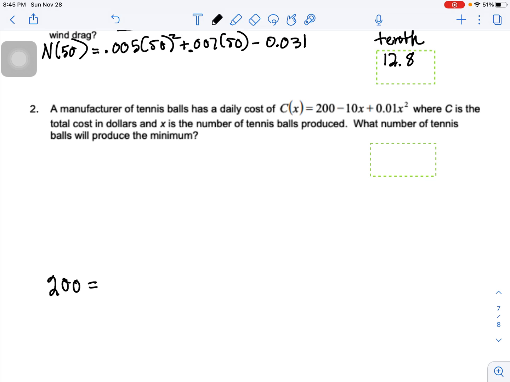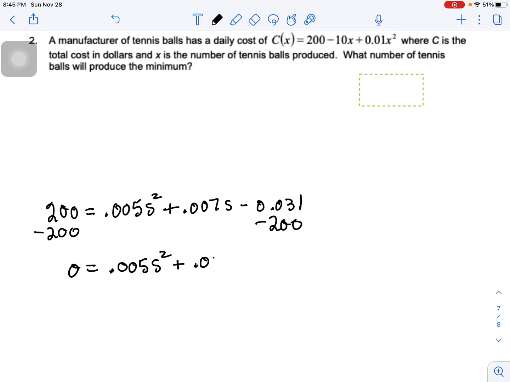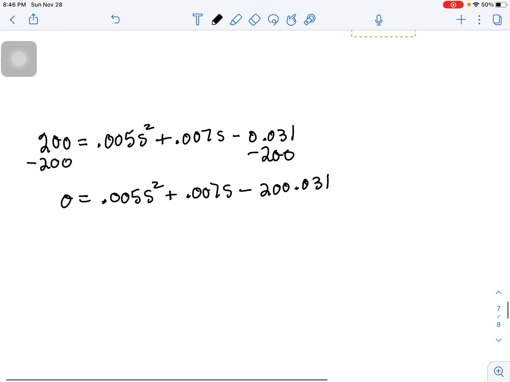So 200 equals 0.005 S squared plus 0.007 S minus 0.031. I'm going to subtract 200 from both sides, and I've got 0 equals 0.005 S squared plus 0.007 S minus 200.031. And now I'm going to do the quadratic formula.